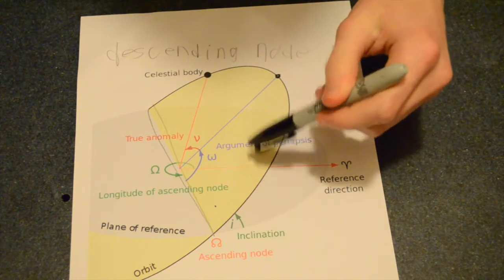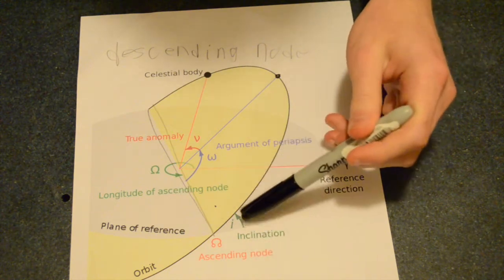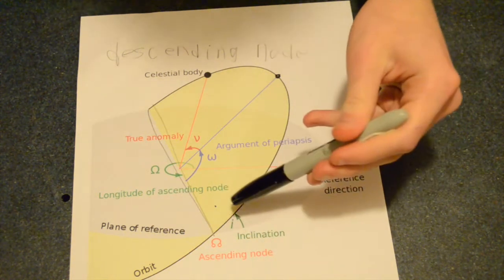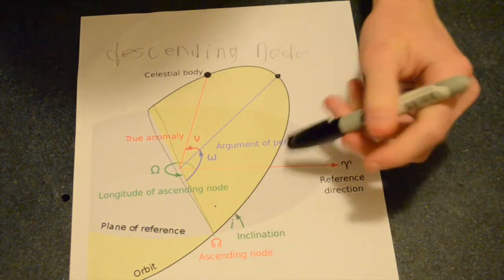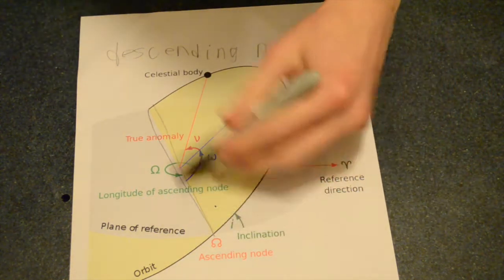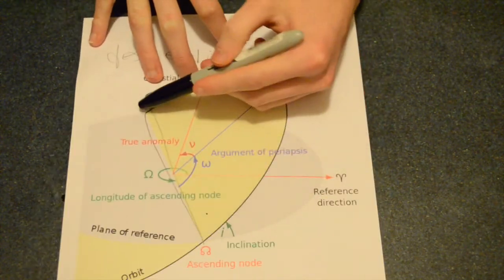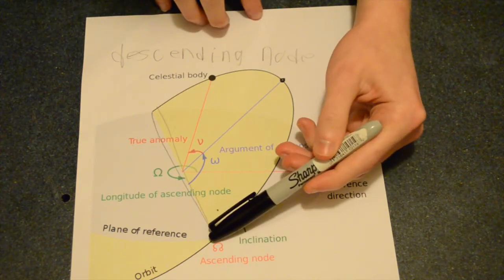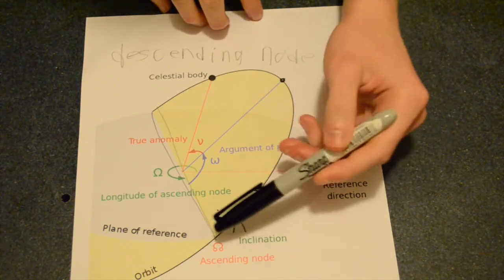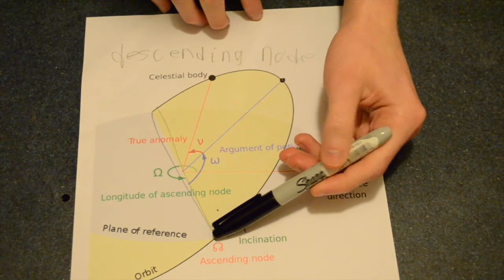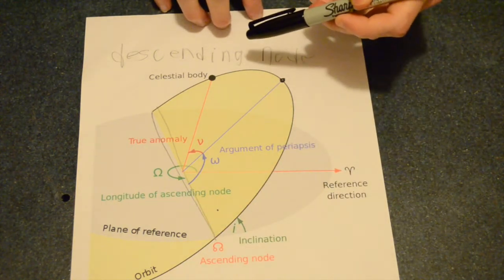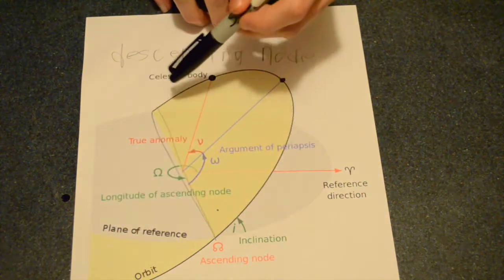Then you can take the orbital plane, and the angle created at that intersection is the inclination, I. The line created at that intersection is the line of nodes, where the orbit intersects. That's the ascending node where you're going above the plane, and when you're going down below it, it's the descending node.